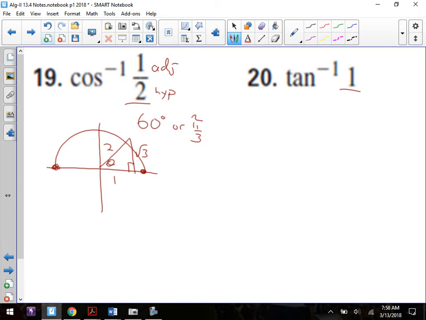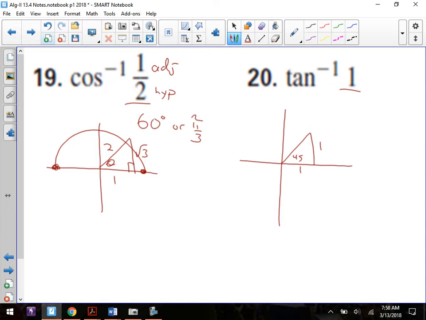What angle has a tangent of 1? Well, in order to get a tangent value that's equal to 1, that means your opposite and your adjacent both have to be the same value. The only triangle that has the same value in 2 spots is your 45.